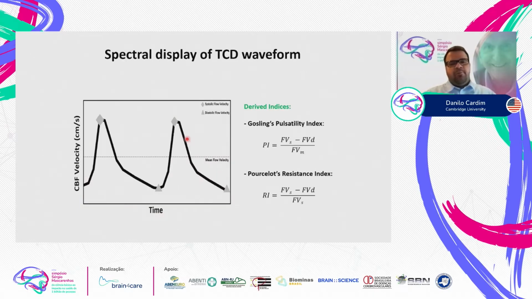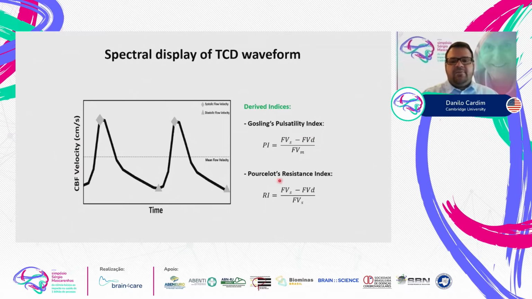And then from the transcranial Doppler signal, we can obtain the cerebral blood flow velocity waveform, which basically mimics the arterial blood pressure, with systolic and diastolic peaks, from which we can obtain certain markers of cerebrovascular resistance in the brain. For example, the Gosling pulsatility index is basically the difference between the systolic and diastolic peaks divided by the mean flow velocity in the brain.